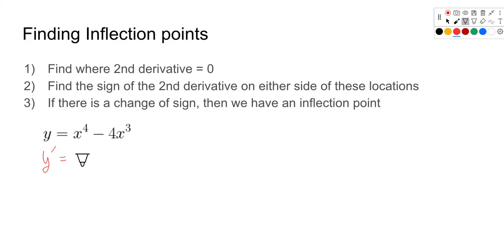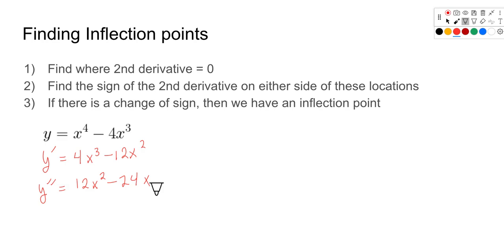Of course, some of you might be sharp enough to get it directly. This is 3 times 4, which is 12x squared. And then we want the second derivative, so this is going to be 12x squared minus 24x.